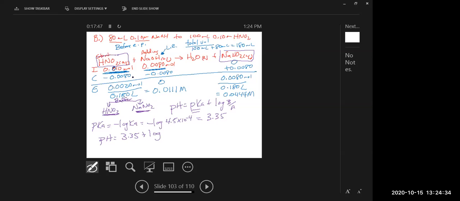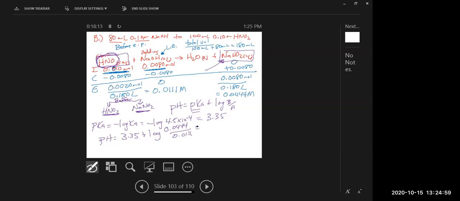Now, the other thing that people struggle with is base over acid. There are a lot of factors that should help you decide which one is which, but the main one should be this is nitrous acid. That is obviously not the base. So this one here obviously has to be our base. So that means we want to go with 0.0444 divided by 0.0111.